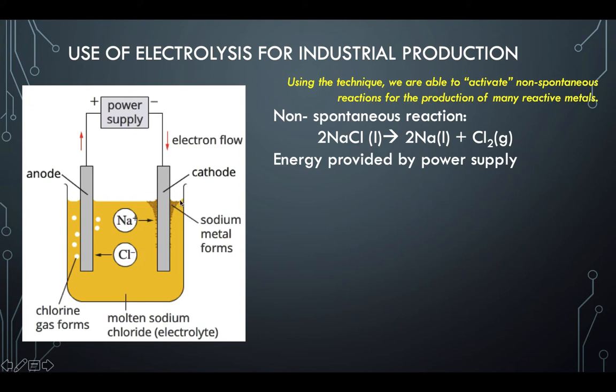That is because we are electrolyzing a molten sodium chloride, so it is already liquid, and because the temperature to melt this ionic compound is so high, the sodium produced will also be in liquid state. Okay, and chlorine will always be gas.